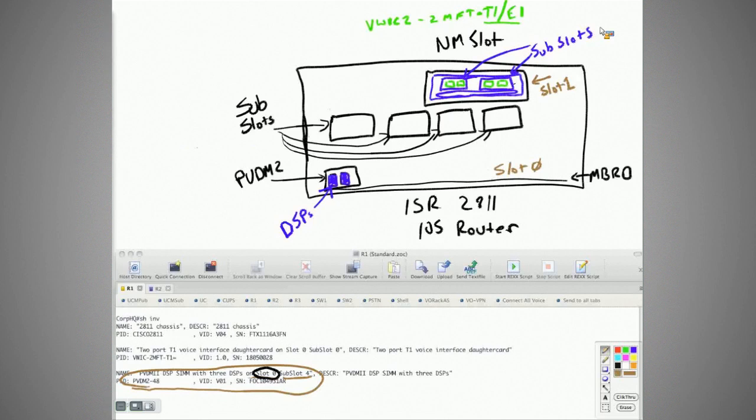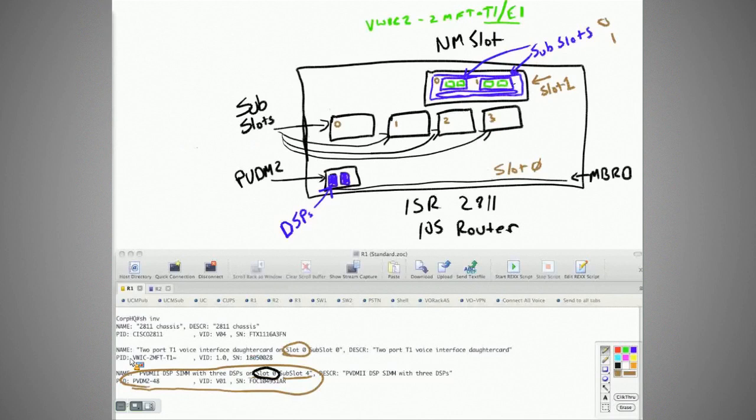And then each of these individual subslots here will be subslot 0, and then 1. So 0 right here and 1 right here. So the router has subslot 0, subslot 1, 2, and 3.